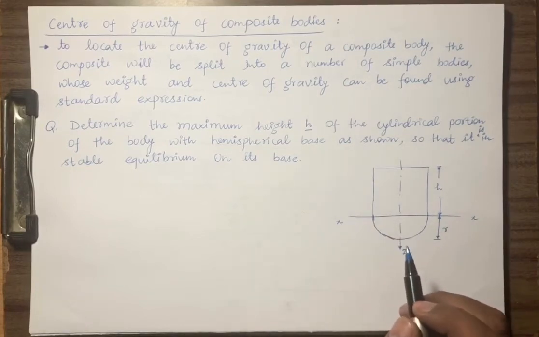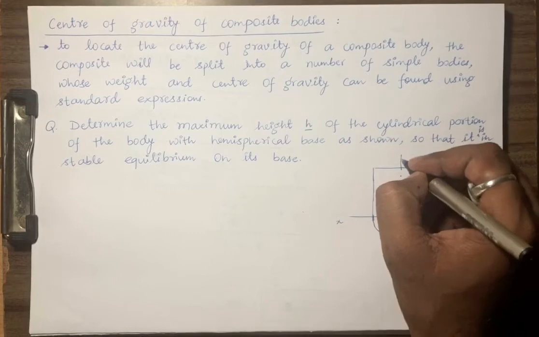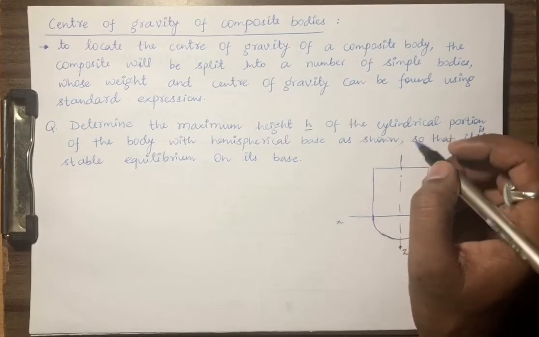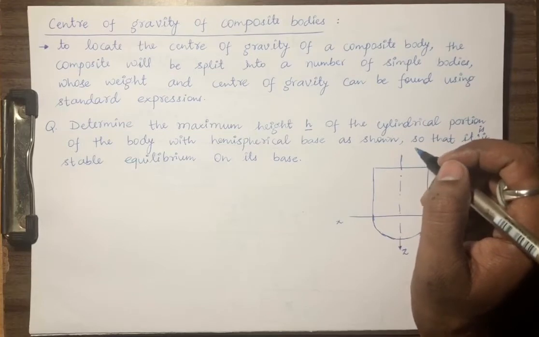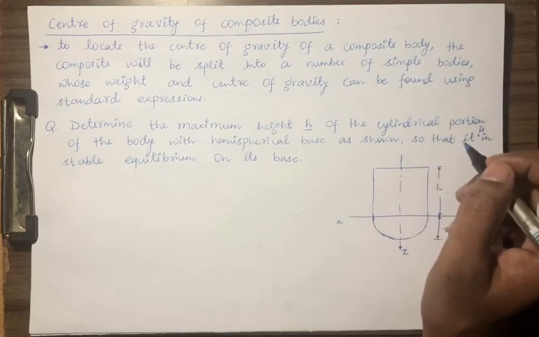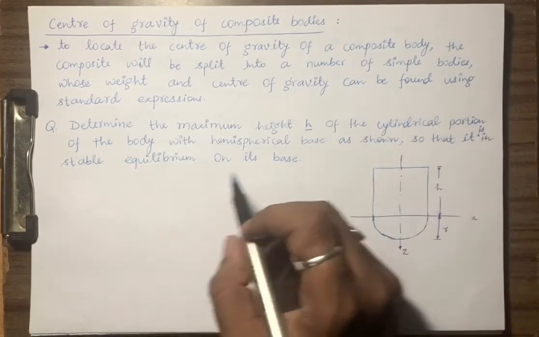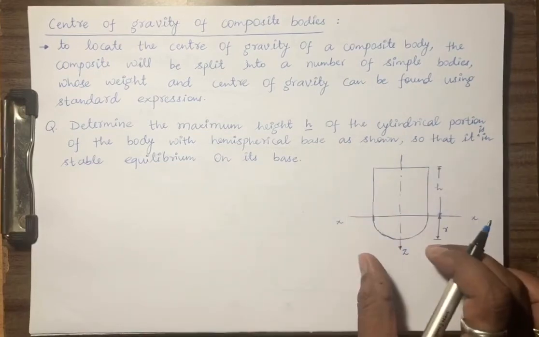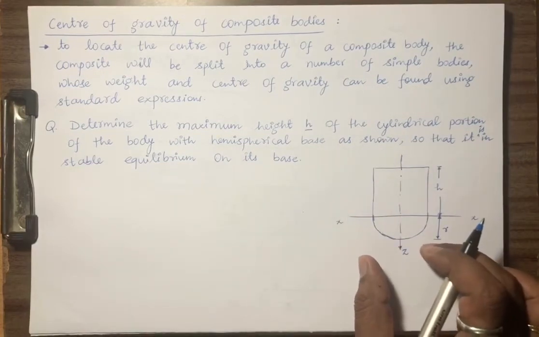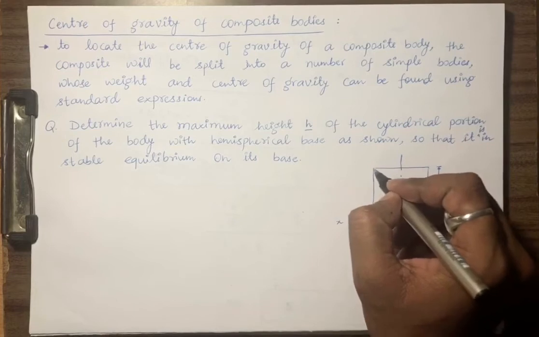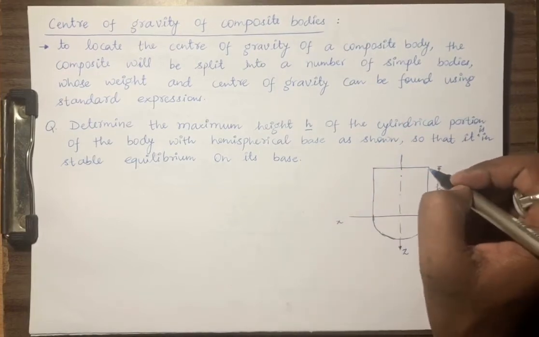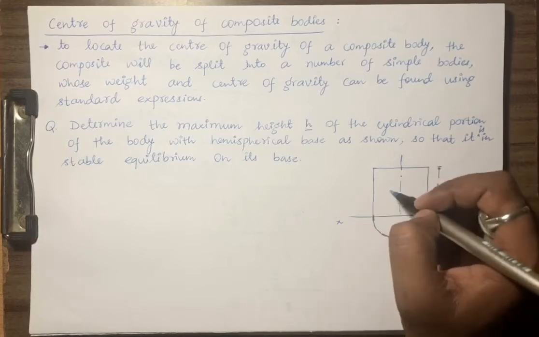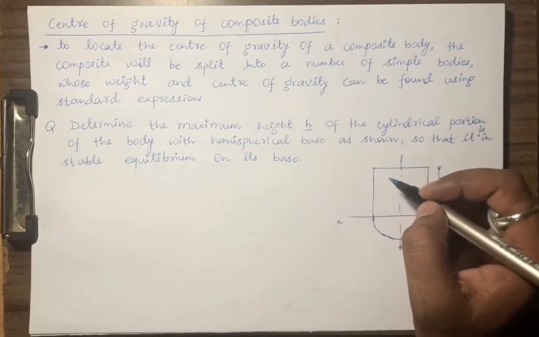So what we have to determine is the center of gravity. Why do we have to calculate the center of gravity for this problem? Because the problem says this body has to remain in stable equilibrium. Stable equilibrium means that if the body is disturbed, it will regain its original position.